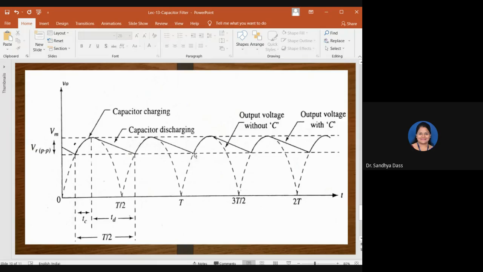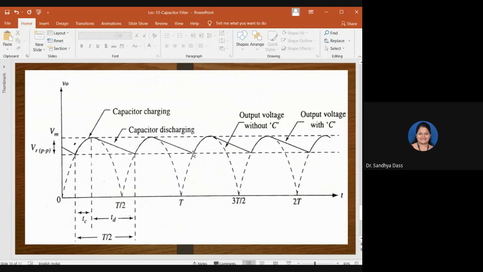In the next positive cycle, when D1 is conducting, that also happens only when the input voltage is slightly above the voltage of the capacitor here. Now the capacitor has discharged, right? So the voltage across the capacitor has dropped to this level.